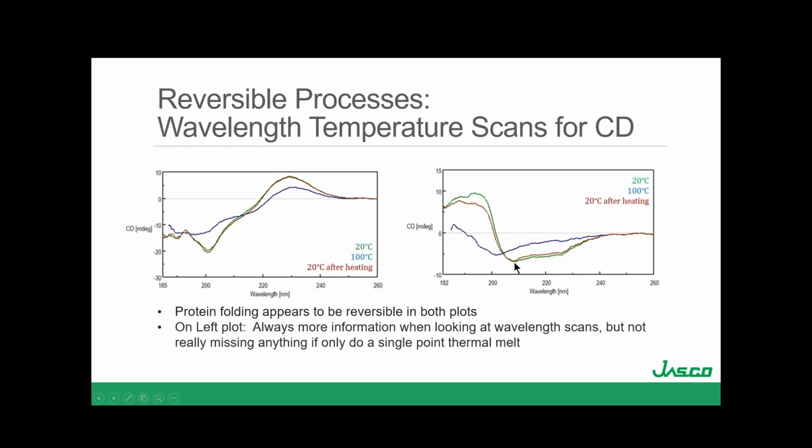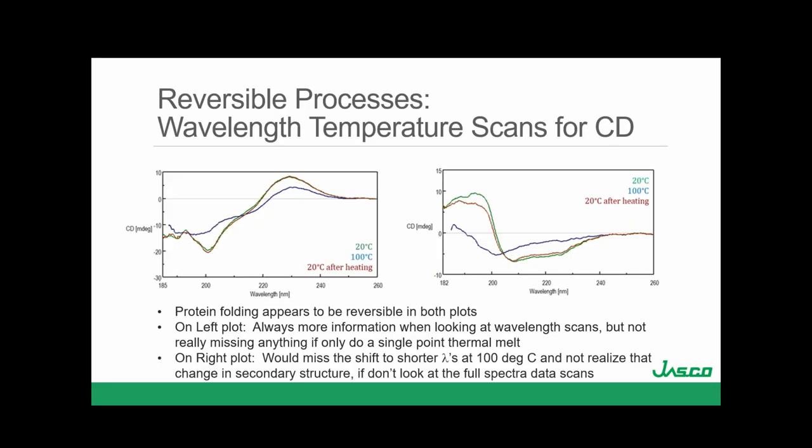However, and I should say on the left plot, you might argue, well, we could just do a single point scan. There's not really any extra information gained by the scanning plot, but it's nice to have the picture and confirm that. However, with the right plot, I don't know if you can see this, but we now have a shift.